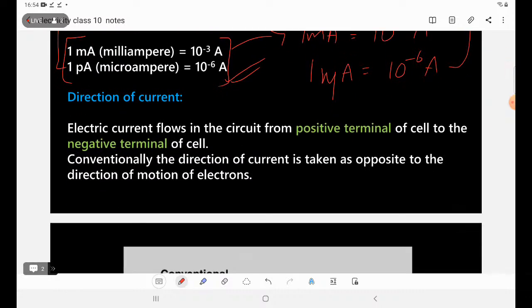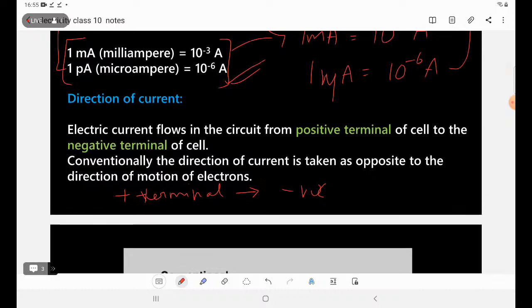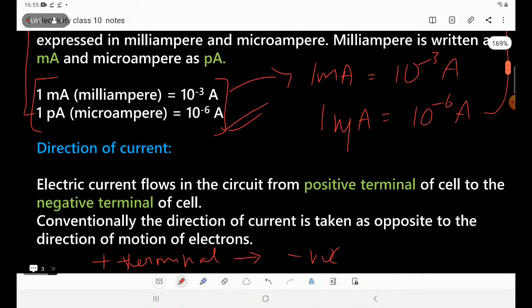Direction of current: there are two types, conventional current and electric current. What is conventional current? It was assumed before knowing the correct thing about current that protons moved from the positive terminal to the negative terminal.